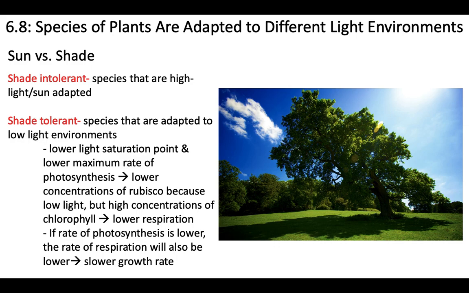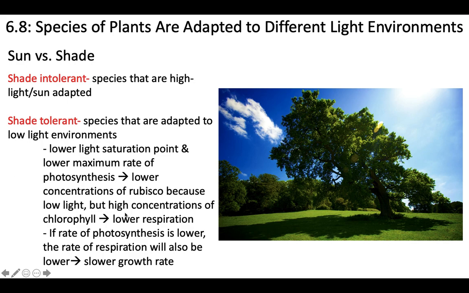So I'm going to go over the characteristics of shade tolerant species again. They have lower light saturation points. They have a lower maximum rate of photosynthesis, like I said. They have lower concentrations of rubisco because of the low light.